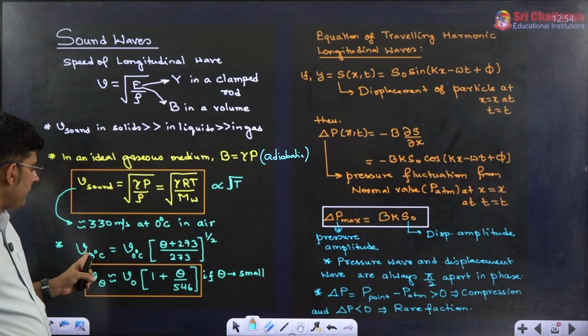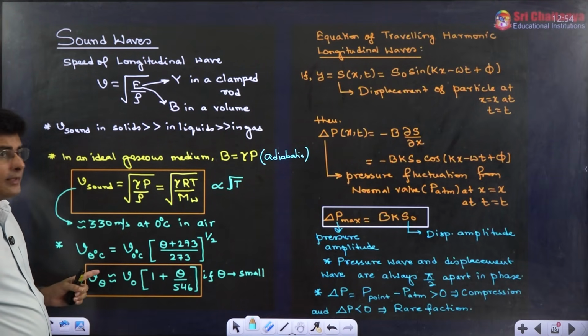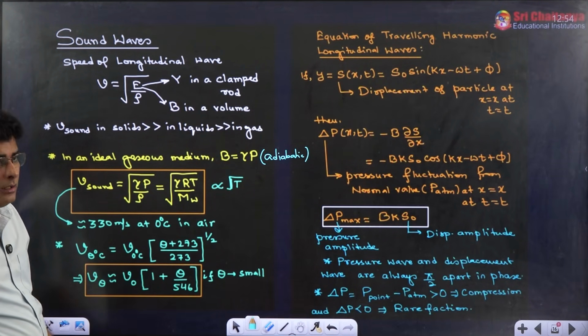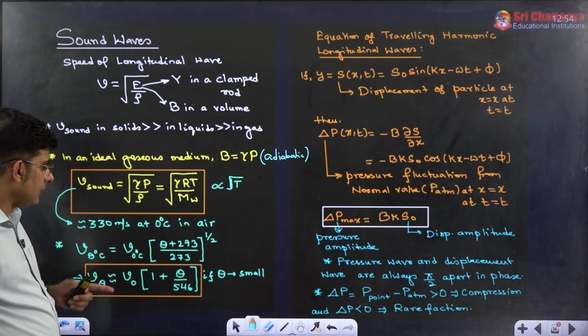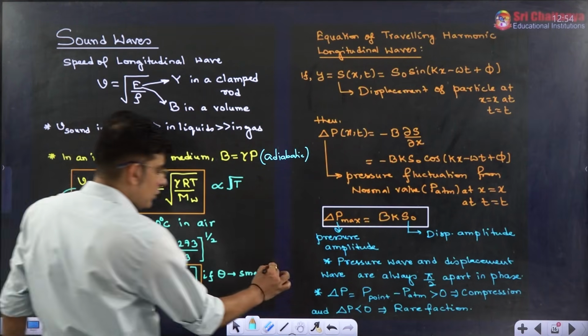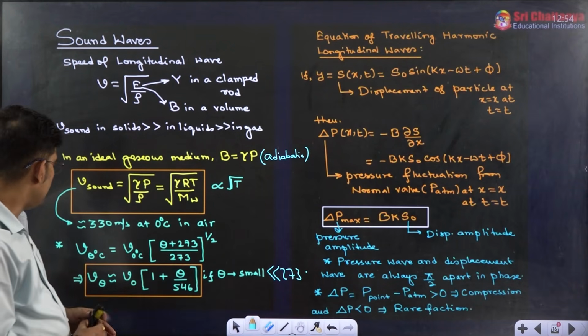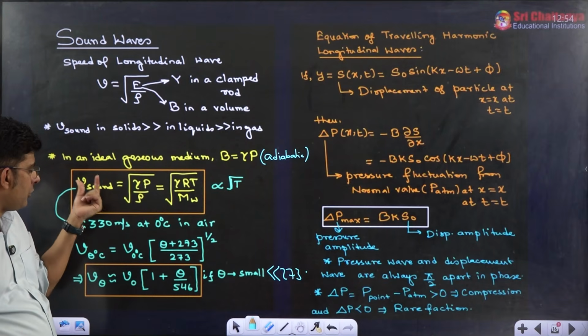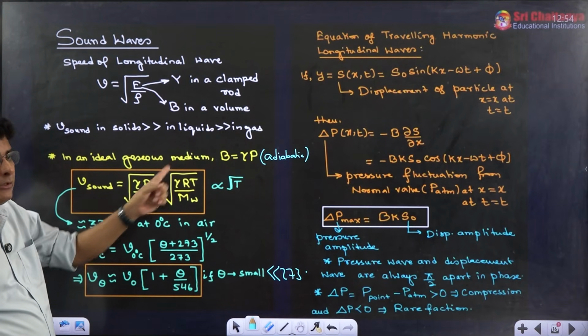Now, we sometimes use this equation at 0 degrees Celsius and at another temperature theta which is very small, say 4, 5, or 10 degrees. In that case, when theta is very small compared to 273, we can use, as I said, V proportional to root T. So V1 by V2 becomes root T1 by root T2.